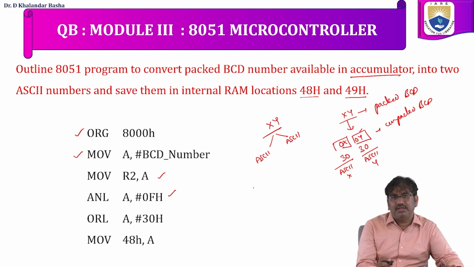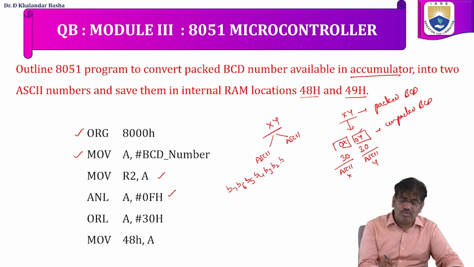When you AND any bit with 0, it is going to give 0. If we AND with 1, we get the same digit. Suppose I have B7, B6, B5, B4, B3, B2, B1, B0. When you are ANDing with 0F, 0F in hexadecimal means 0000 for the 0, and for F the binary equivalent is 1111.